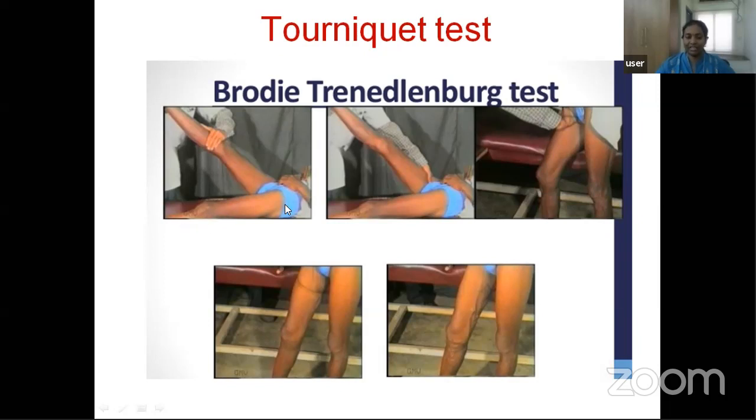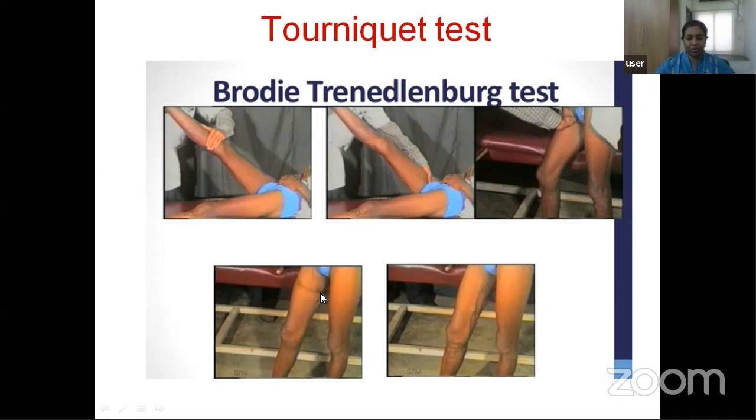So we make the patient lie down on a flat surface. We lift the lower limb and try to empty the veins by pushing the blood. Later, we tie a tourniquet at the inguinal region or in the upper part of the thigh. Then we make the patient stand.